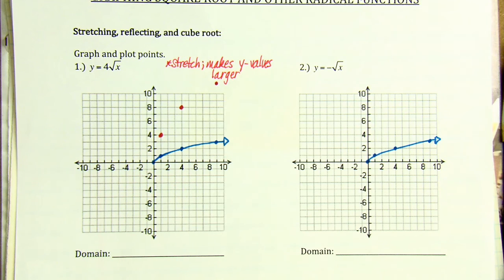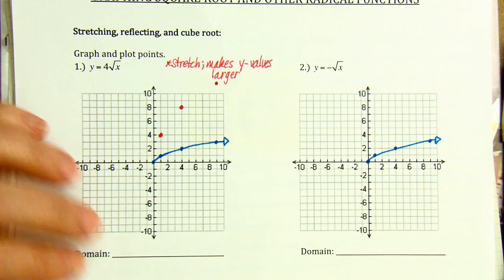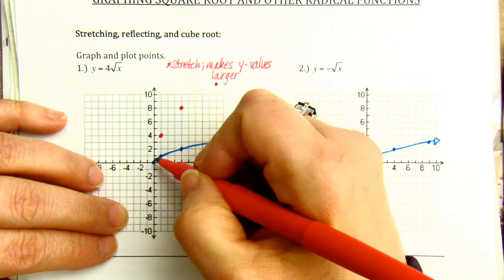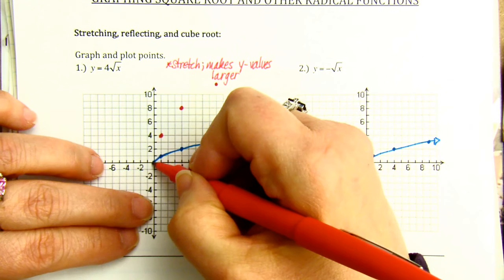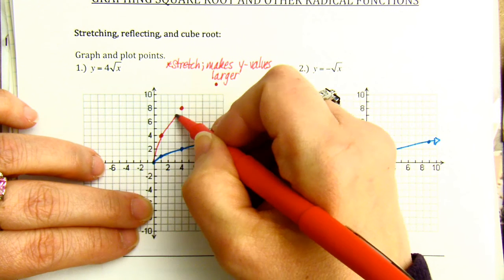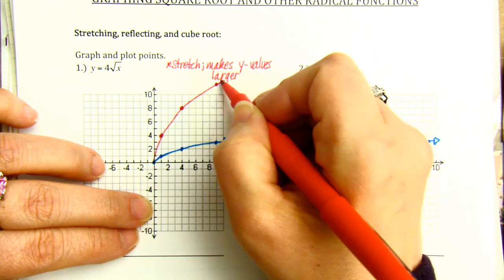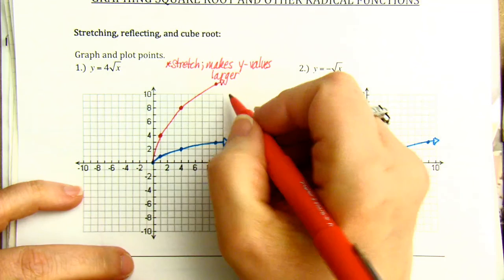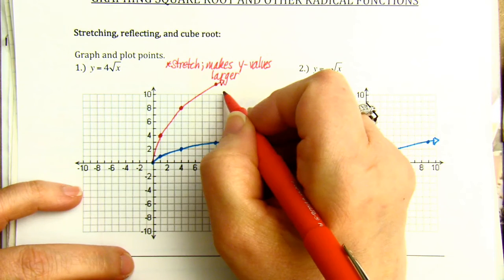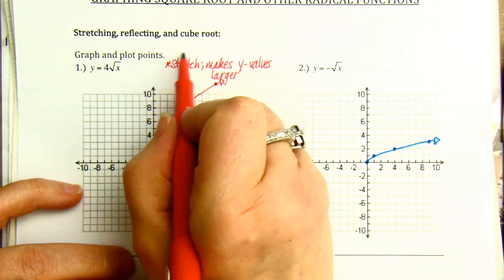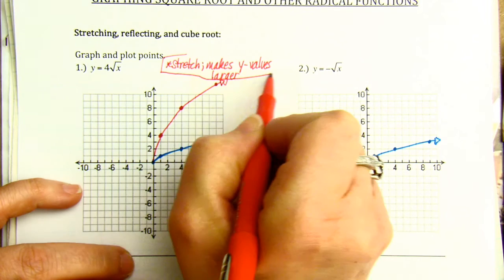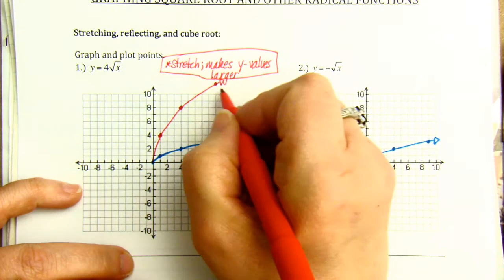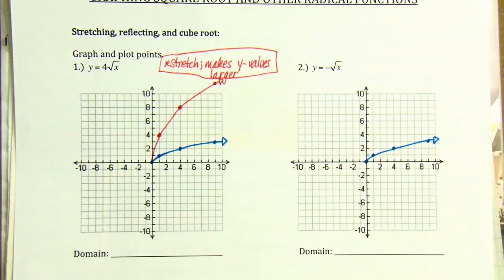Folks, this is a stretch. It's kind of a big stretch, actually. And so my red graph here, I'm going to do it in a different color so we can see it better.